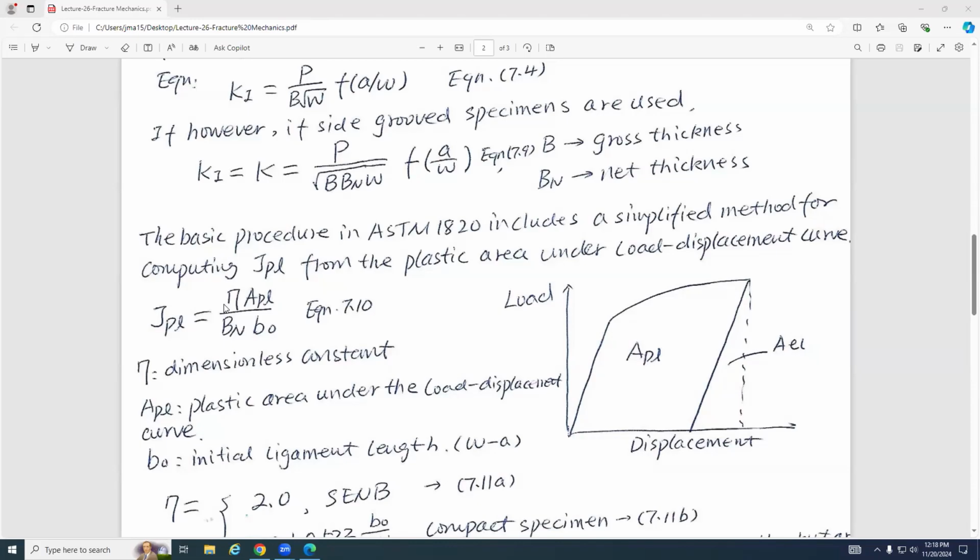This is displacement, and this is load. If we draw a figure this way, this is the elastic part, and then the material yields, and this is strain hardening, and then after some time you unload it. After you unload it, part of the total displacement will be recovered.